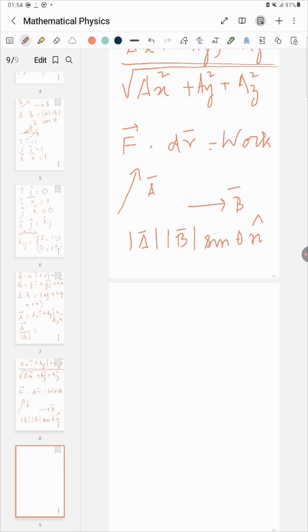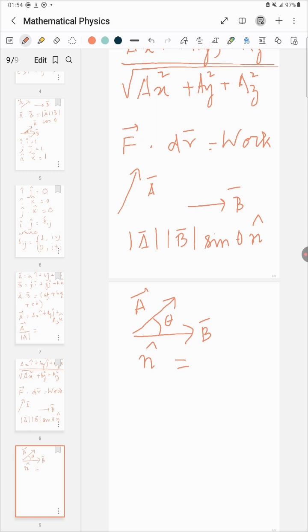Now, arranging vector A in a particular direction and vector B in a particular direction, and considering the angle between them to be theta, how do we determine the n cap vector?